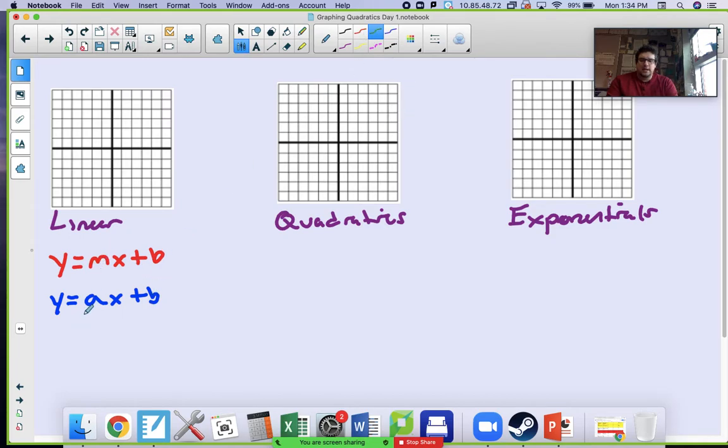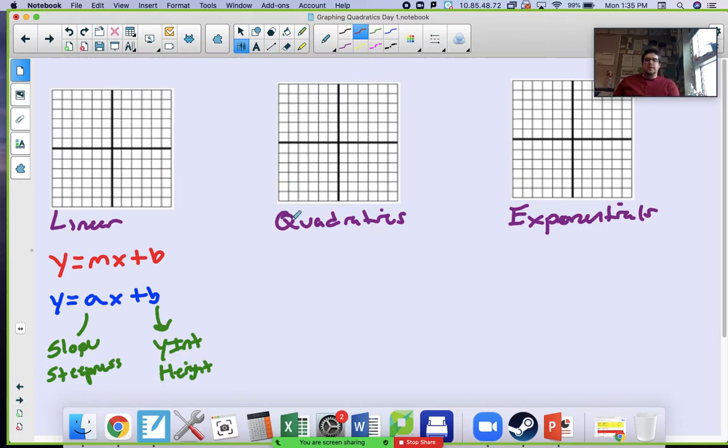M, or in this case a, controlled the slope, also known as the steepness of our graph. Our very last number on this term, plus b, controlled the y-intercept. So what's cool is this y-intercept, or the height.